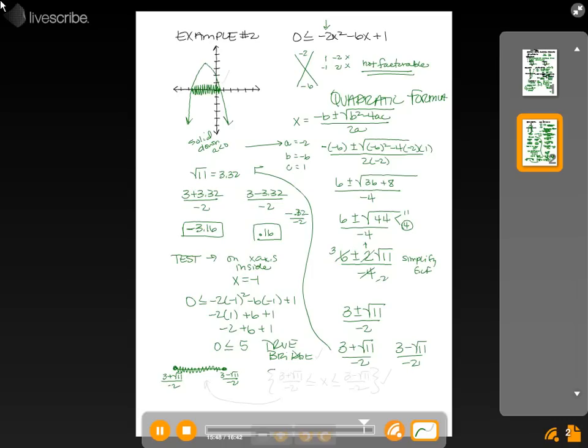So this tells me that I'm going to go from 3 plus the square root of 11 divided by negative 2 less than or equal to x less than or equal to 3 minus the square root of 11 divided by negative 2. I've shaded all of the x's between those two numbers, and that's what my inequality written out there tells me. Okay, so that's the solution.